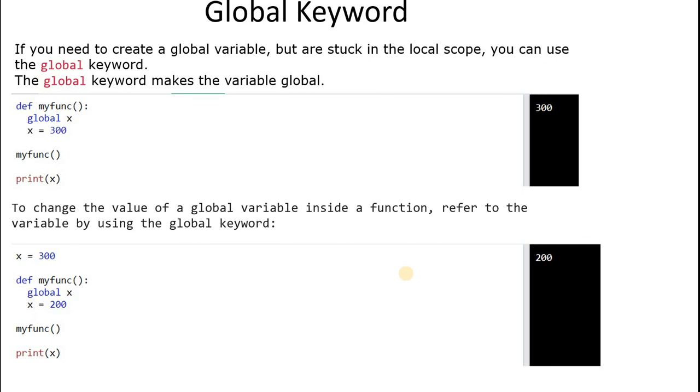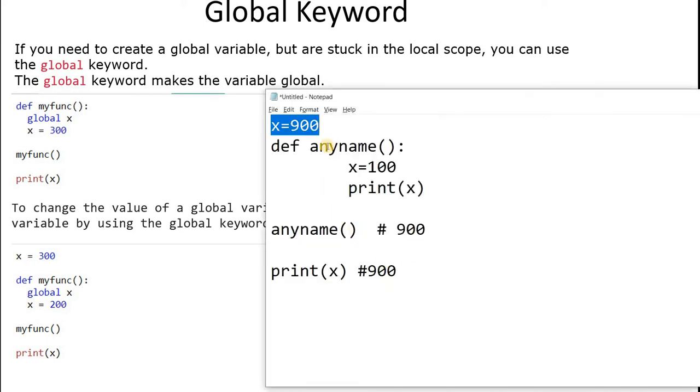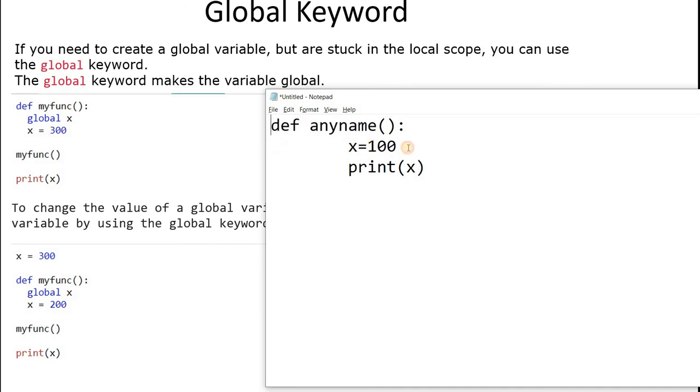And sometimes there may be a situation where you have a function and you don't want to declare this value outside the function, like here.